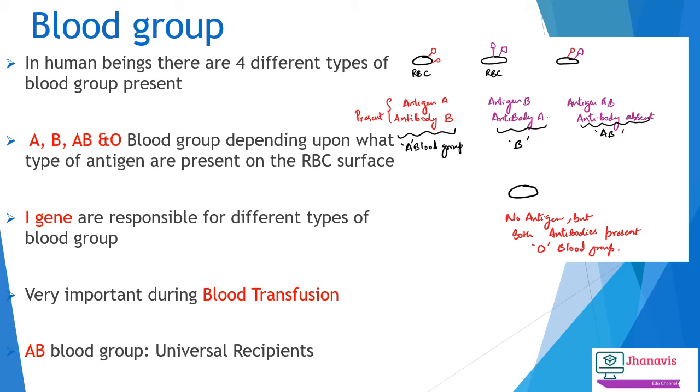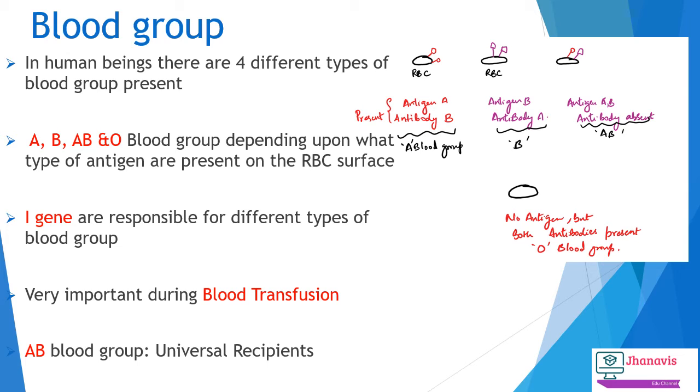For instance, here the A person cannot give blood to the B blood group because the antibodies produced in the B blood group are totally different from the antibodies present in the A blood group. So what will happen?